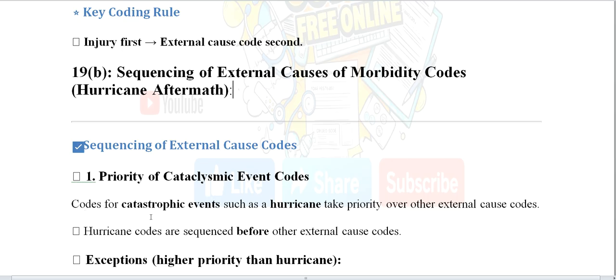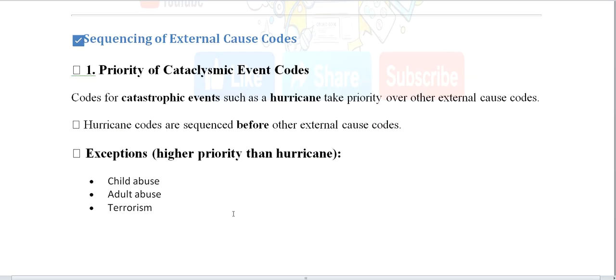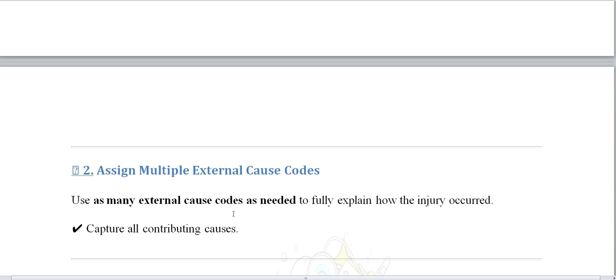Codes for catastrophic events such as hurricanes take priority over other external cause codes. Hurricane codes are sequenced before other external cause codes. Exceptions with higher priority than hurricane: child abuse, adult abuse, terrorism. Assign multiple external cause codes.